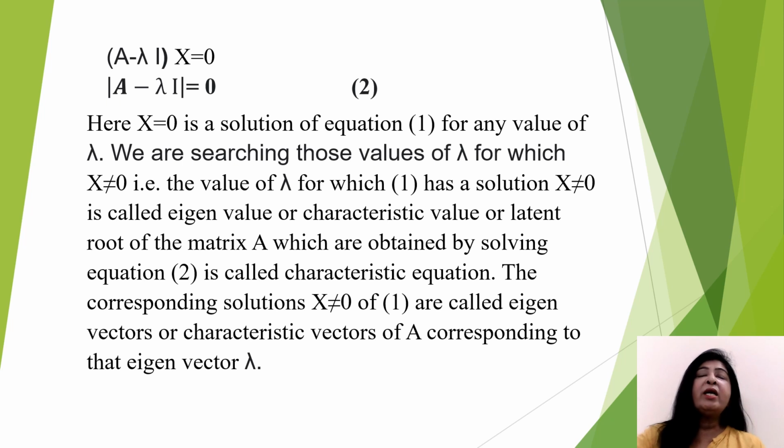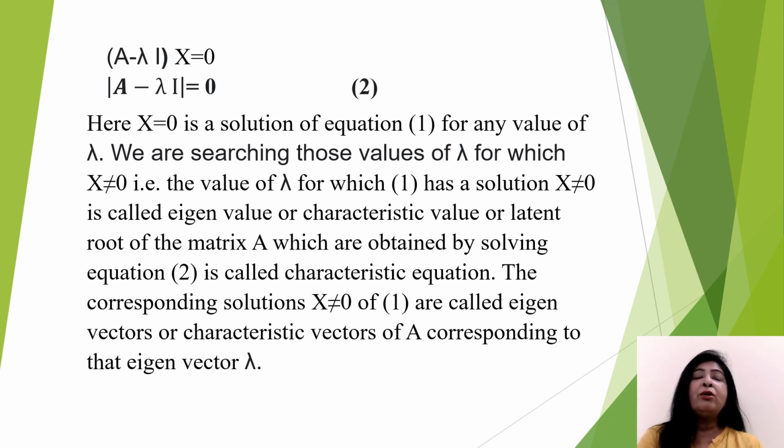Now this can be written as (A − λI)x = 0, where I is the identity matrix and λ is a scalar. If I take the determinant of A − λI and put it equal to 0, then it becomes the characteristic equation, or you can say the latent equation, or eigenvalue equation.